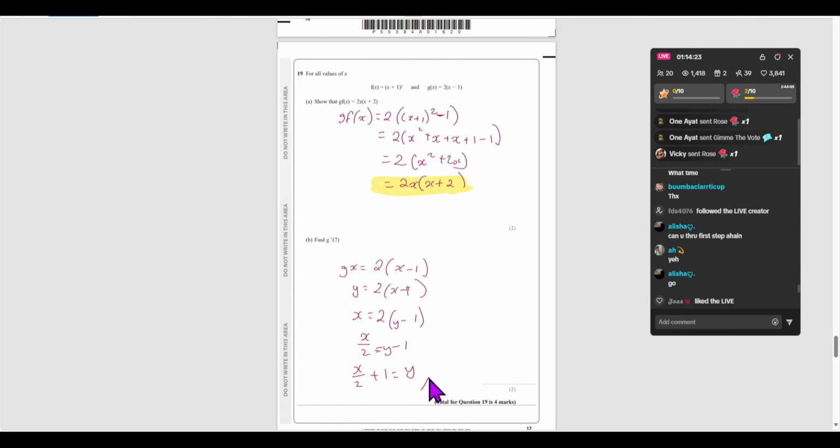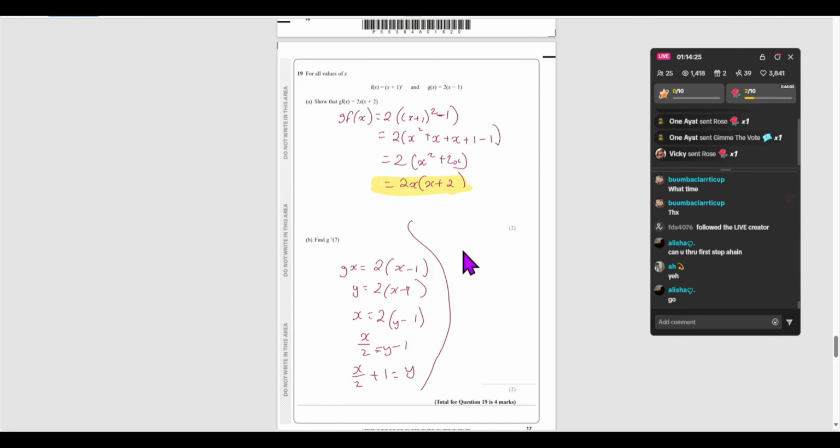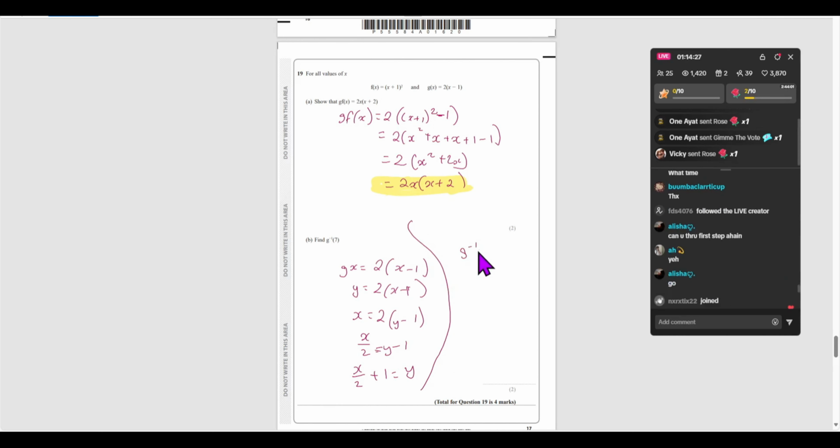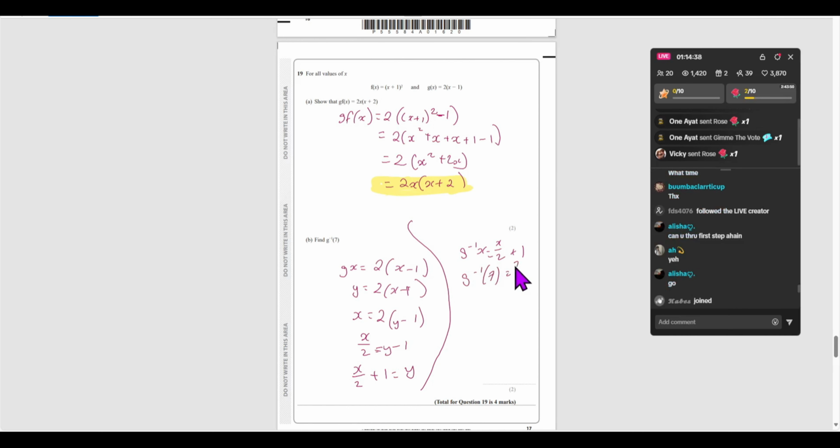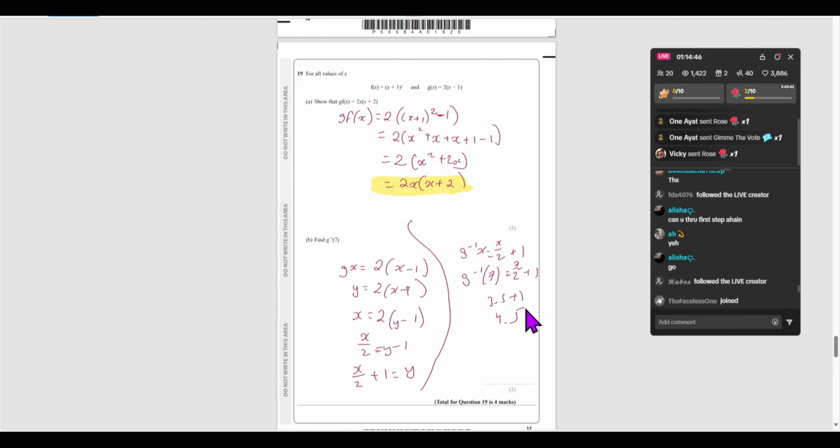So, if I put this there, so g minus 1 x is equal to x over 2 plus 1. So g minus 1, 7, will equal to 7 over 2 plus the 1, which would be 3.5 plus 1, which will give us 4.5, and that'll be your answer, okay?